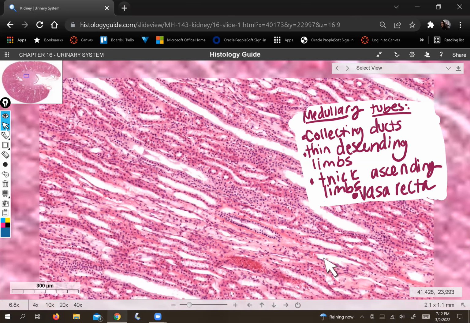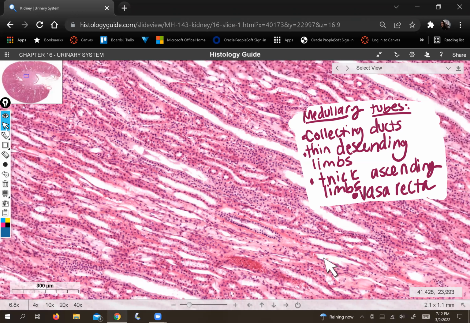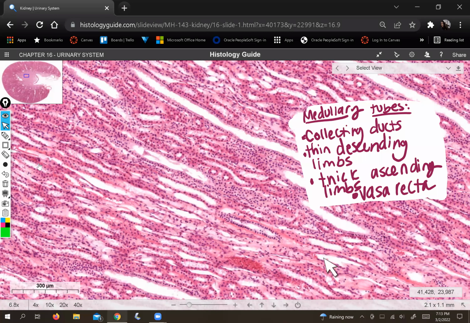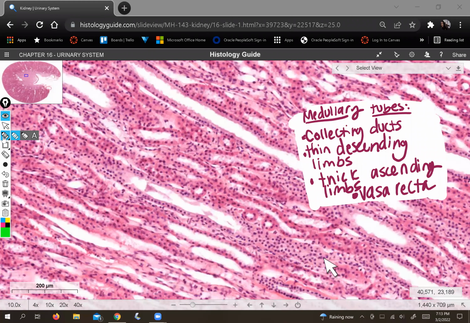So again, looking carefully at things like cell color, nucleus spacing, apical surface, we can find our thick ascending limbs. Here I see one, there's one, there's one.